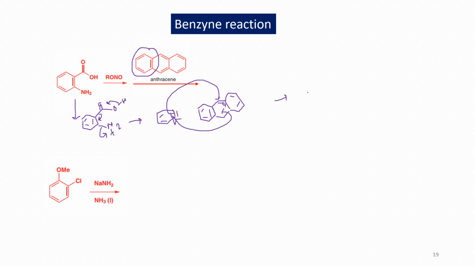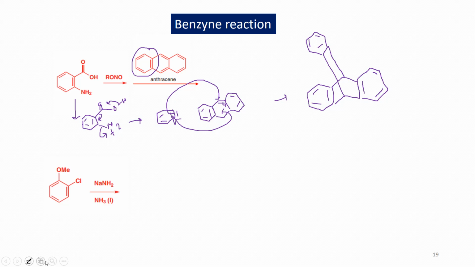The desired product is, so there will be a double bond at this place. From these two centers, another benzene, that is a phenyl ring, will be connected.